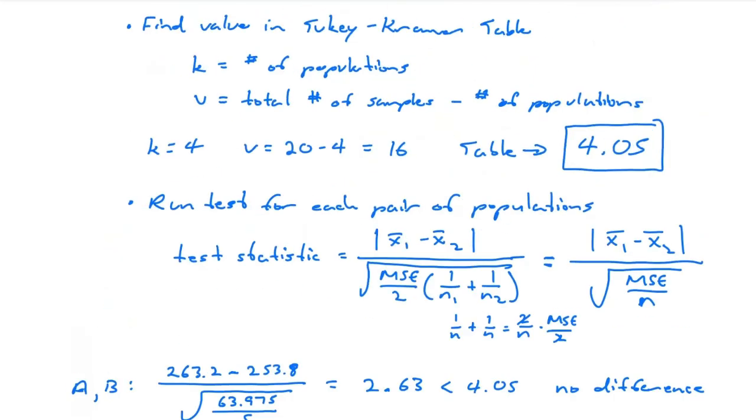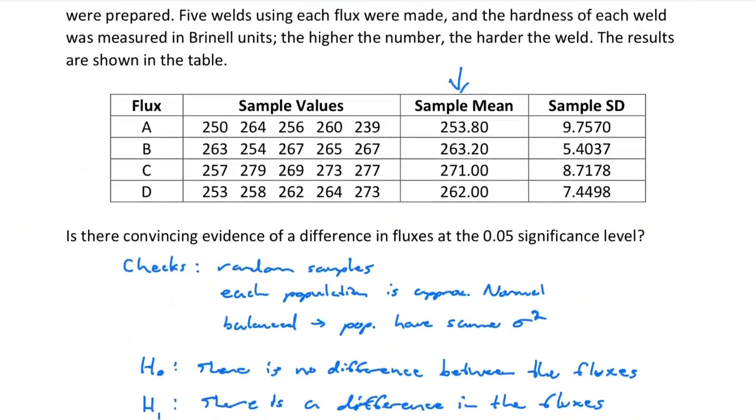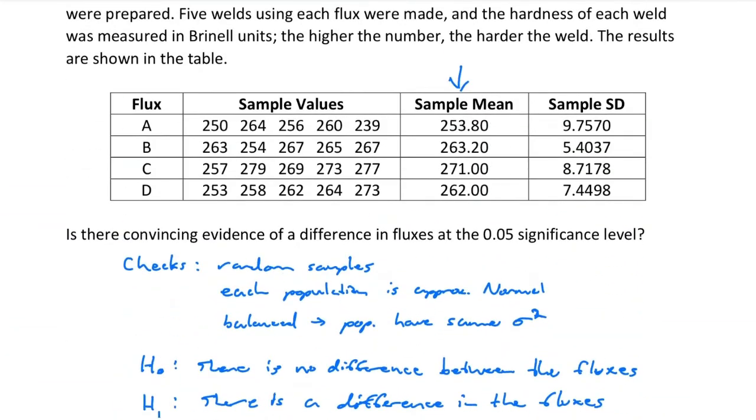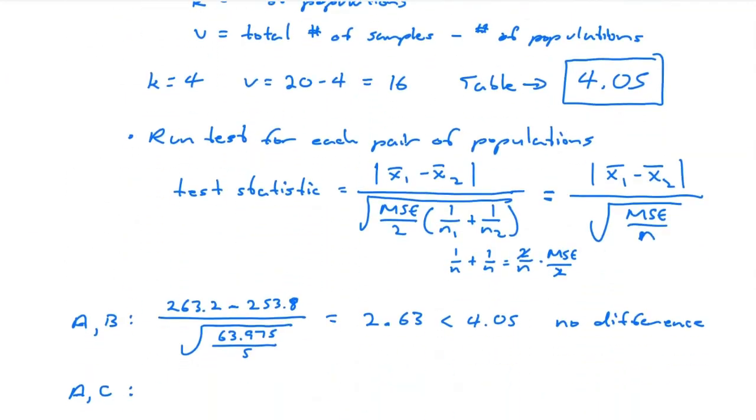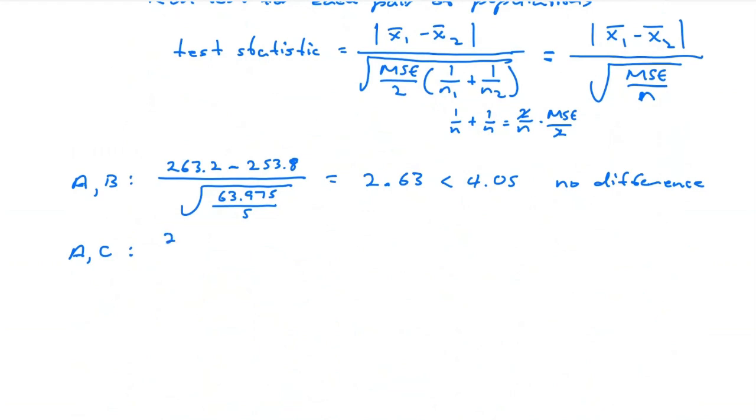Let's try A and C. Again, I look at my means. A was 253.8. C was 271. And so we do the same process. You can see where you might be able to automate some of this using even Excel if you typed in some formulas. But generally speaking, if I'm going to do this on any regular basis, I am going to find some kind of statistical software that can just do this for me. All right, so that's our setup, difference in means.